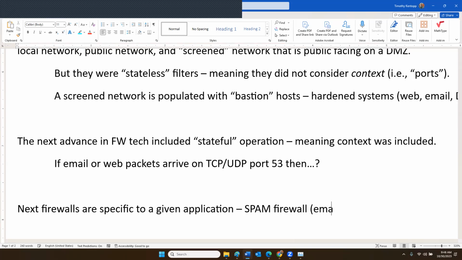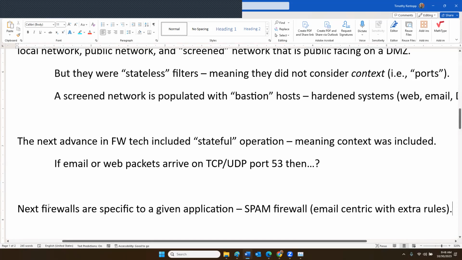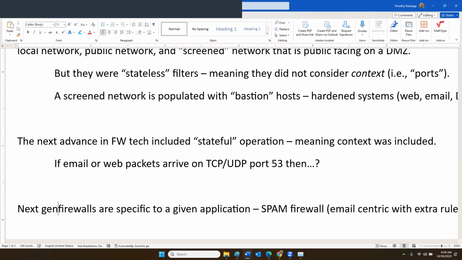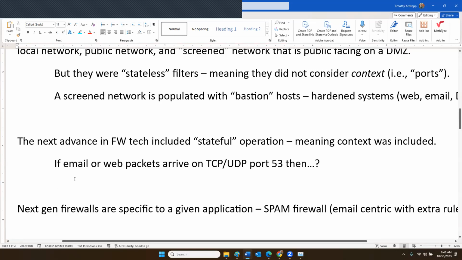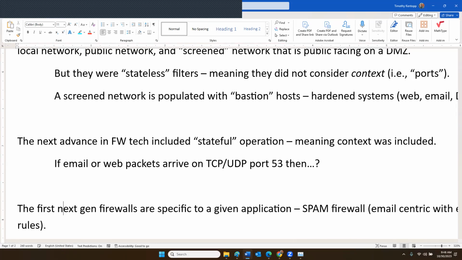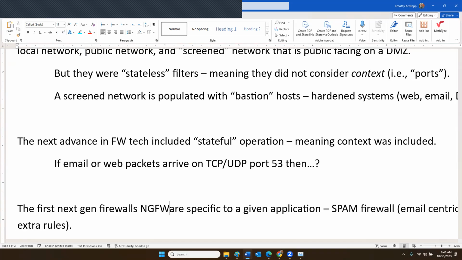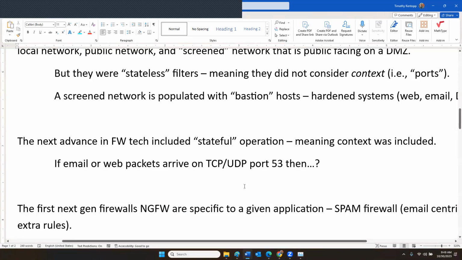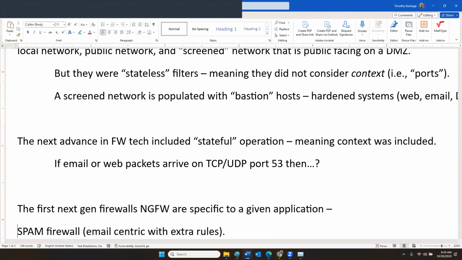So it's email centric with extra rules. Next gen firewalls, that's what we're talking about. So the first next gen firewalls, NGFWs, that's what we're talking about.